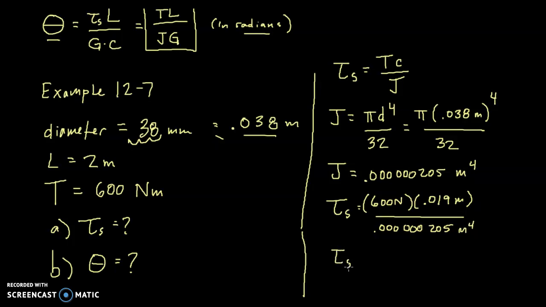And so if I solve that formula, I get 55 million, and rounding it to three significant figures would be 55,600,000 Newton per meter squared.